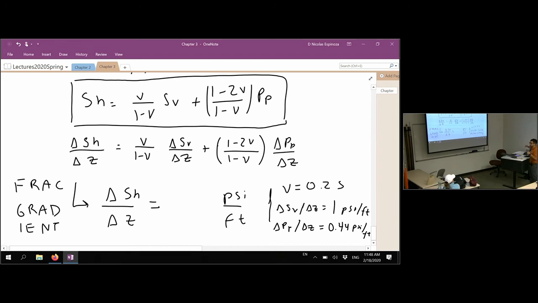You have the value? 0.6267. So let's round it to 0.63 psi per foot. So I hope that you remember this value, and it's very important because before we had 0.44 psi per foot.